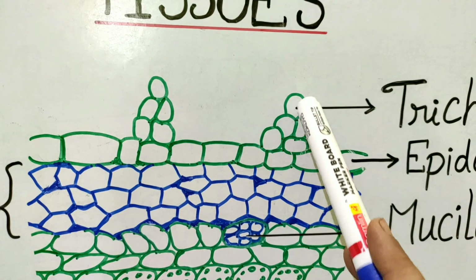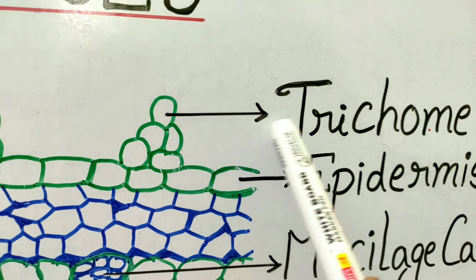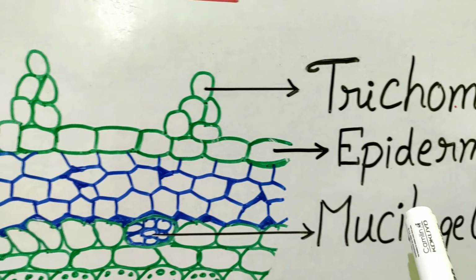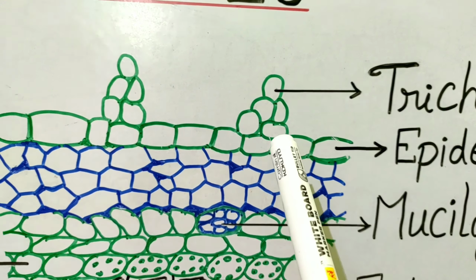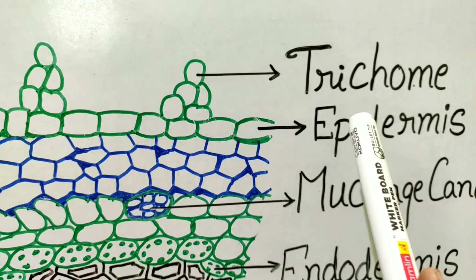You can see here so many cells I have drawn. These cells are known as your trichome. Now this epidermis sometimes is externally covered by some cuticle layer to prevent transpiration, that is desiccation of the tissues, which is also prevented with the help of the cuticle present in the epidermis.